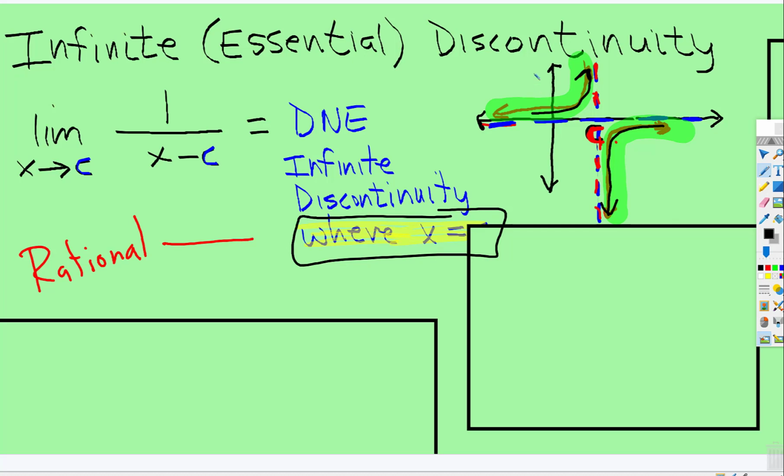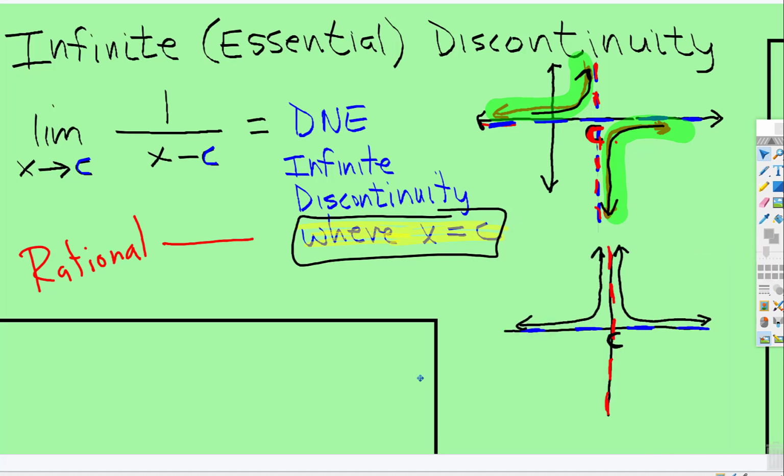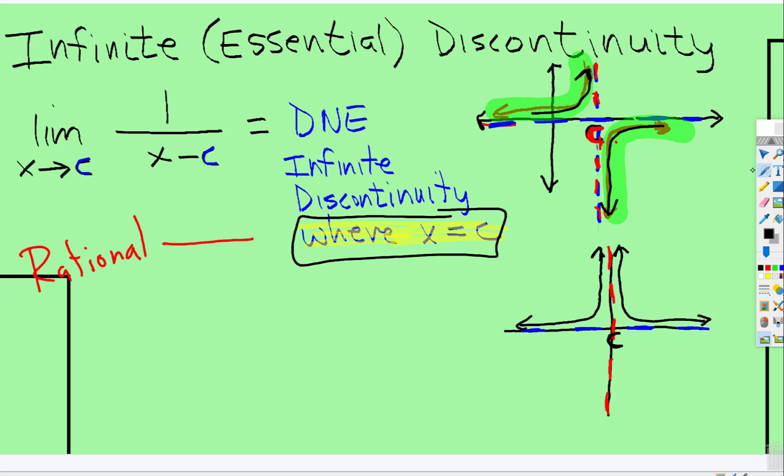Oftentimes it'll be where x is equal to 0 because there'll be an asymptote on the y-axis. But regardless, this is infinite discontinuity, and it can look like that, or it can be irrational where it's 1 over x squared, or 1 over x to the fourth, or just 1 over x to the even, where both sides of the asymptote are headed to the same infinity, that's still going to be a type of infinite or essential discontinuity.